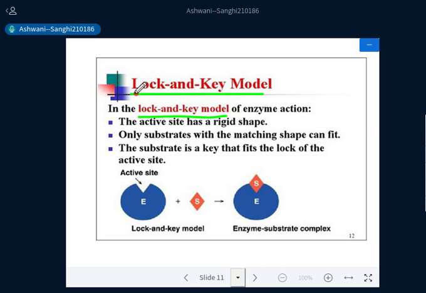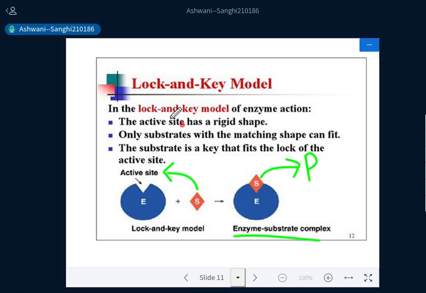So first, the lock and key model. According to the lock and key model, enzyme is a lock which has an active site where substrate binds, and there is first formation of the enzyme substrate complex, and then substrate is converted into the product.